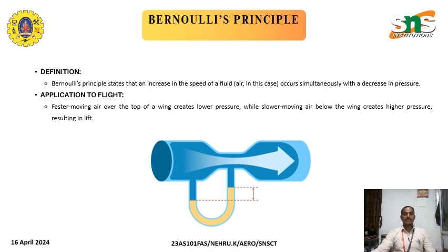Bernoulli's principle states that an increase in the speed of a fluid, or air in this case, occurs simultaneously with a decrease in pressure. Applied to flight, the fast moving air over the top of the wing creates low pressure, while slower moving air below the wing creates high pressure. This results in lift over the airfoil.